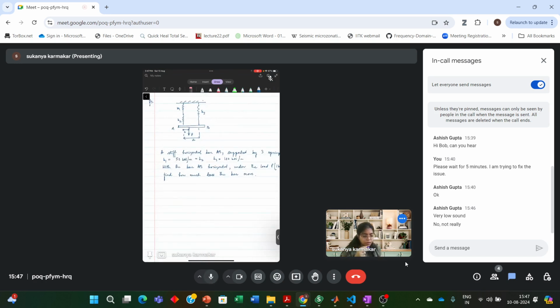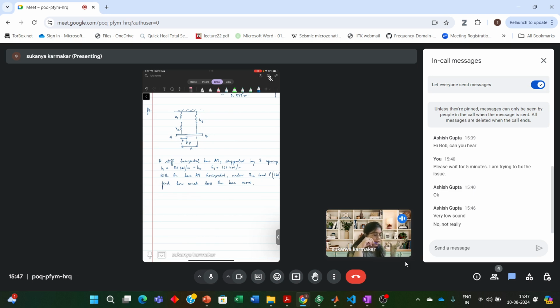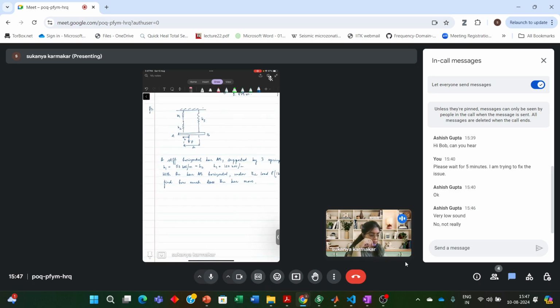So here, in this question, this bar AB is a stiff horizontal bar, and it is supported by three springs. The springs are K1, K2, and K3, and the spring constants have been given. And a load P, which is 1 kilonewton, is applied on the bar at this position, as I've marked on the figure.